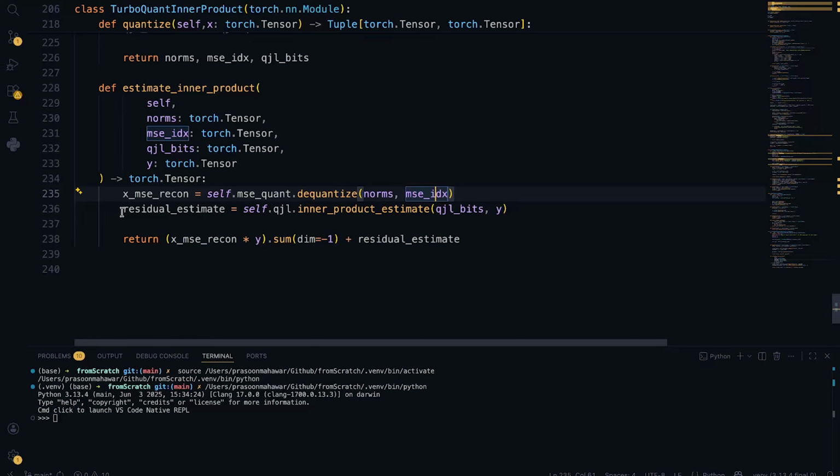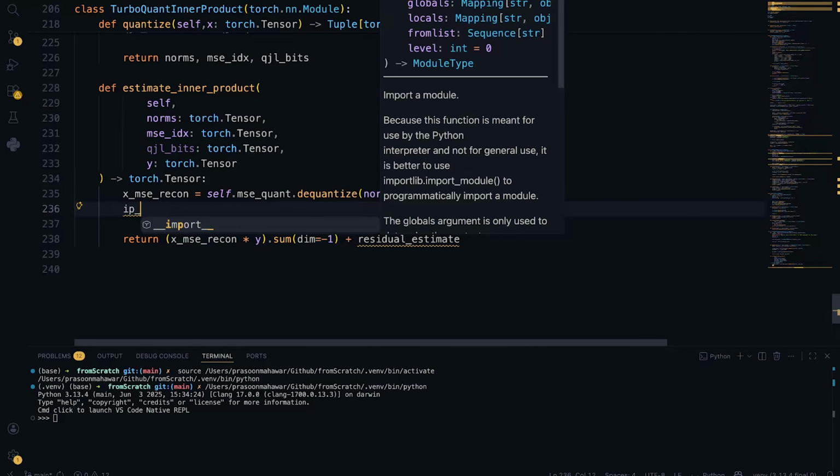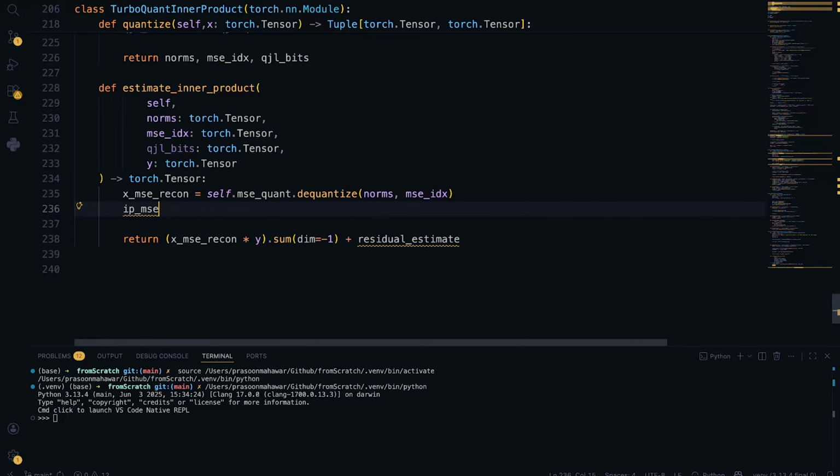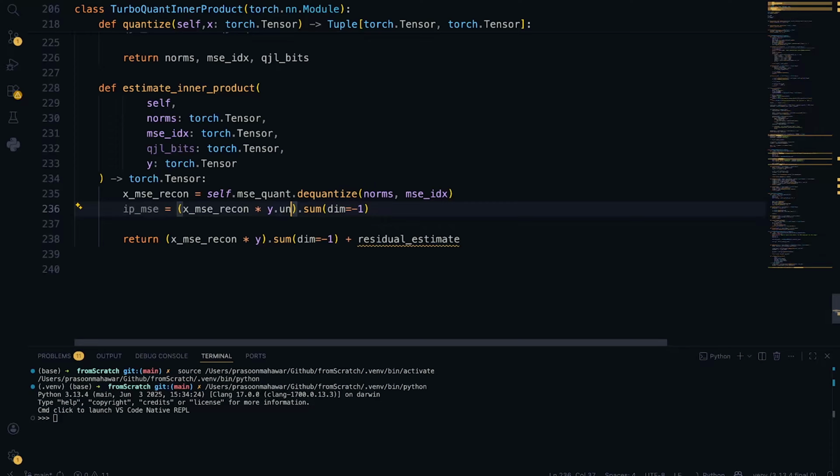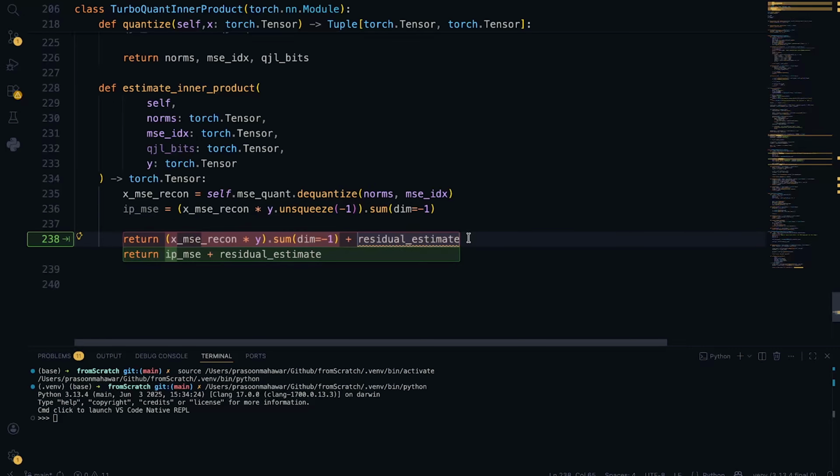Then the residual estimate, or wait, before that we have the inner product MSE, which equals x MSE recon times y, and we have to unsqueeze it, sorry. Then stage 2 will be IP QJL.